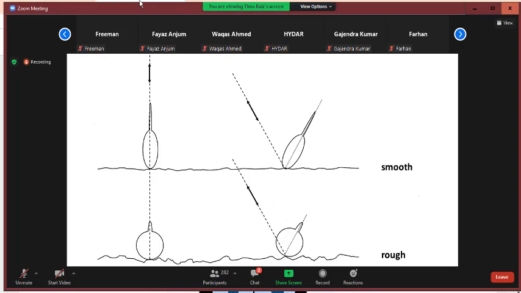And so, depending on the roughness of your object, of the ground, the signal will be mostly reflected back or away.